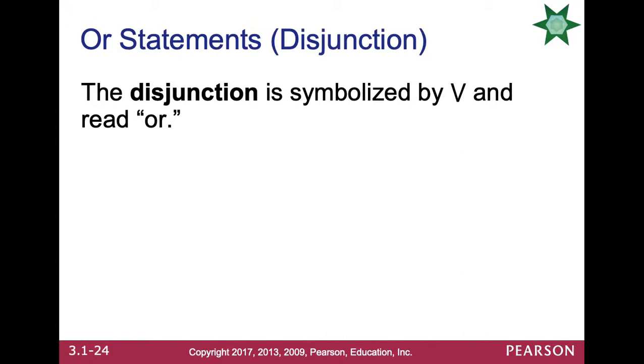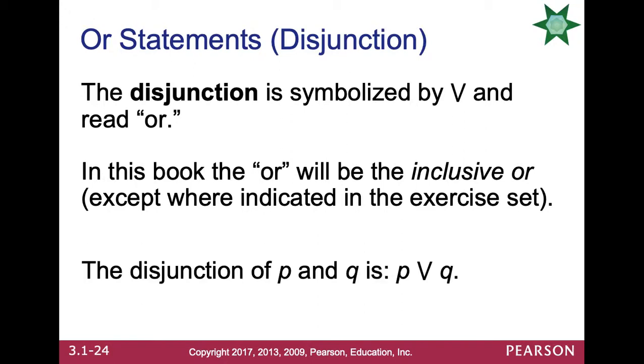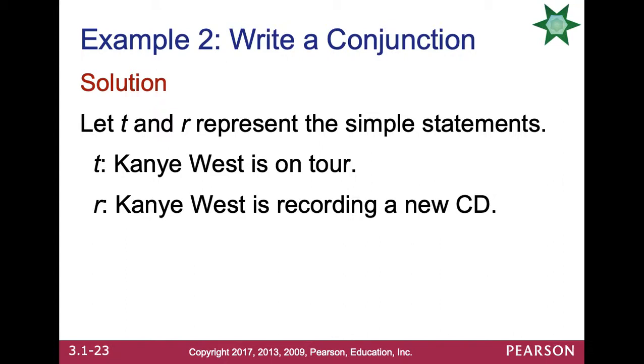So in the book, or will be an inclusive or. So the symbolic representation of that disjunction is P or Q.